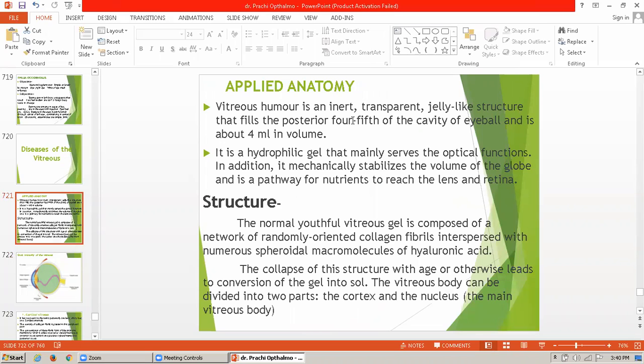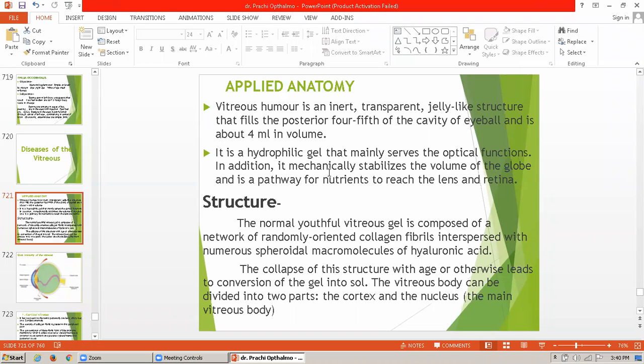Vitreous humor is an inert, transparent, jelly-like structure that fills the posterior four-fifths of the cavity of the eyeball and is about 4 ml in volume. So it is a hydrophilic gel that mainly serves the optical function.